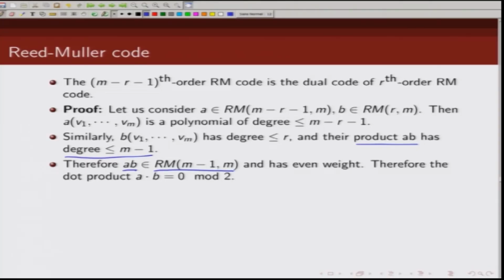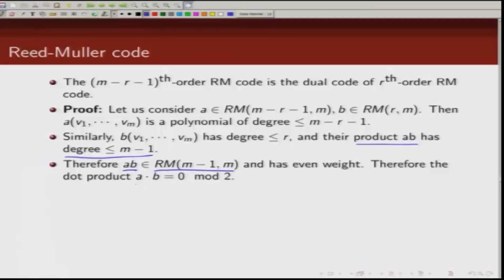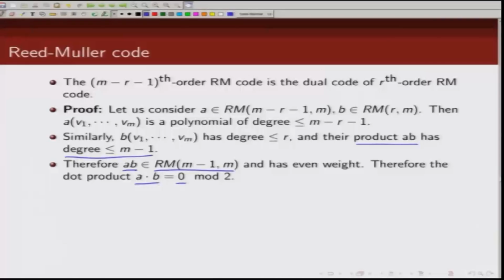Now, note that Reed-Muller code has only even weight code words. So, when we are considering this dot product A dot B, since Reed-Muller code has only even weight code words, then A dot B would be 0. So, modulo 2 this will be 0.